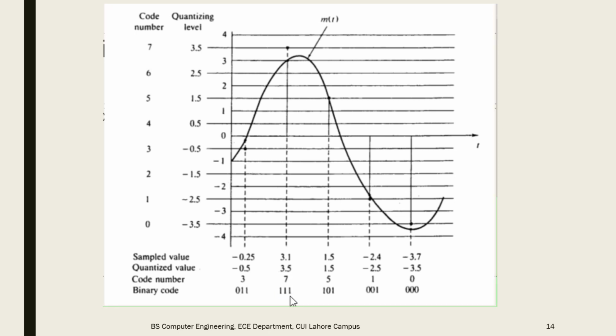So why are 3 bits assigned to each sample? Because according to the formula, L is equal to 2 raised to power n, we have L equal to 8. So when L is 8, then L is equal to 2 raised to power 3. So this 3 represents the number of bits assigned to each sample.